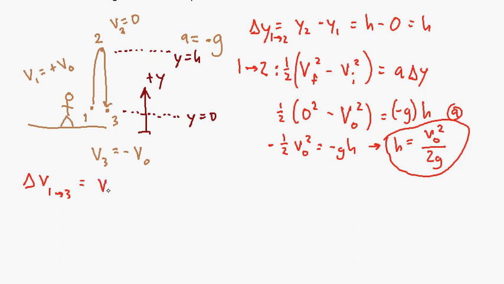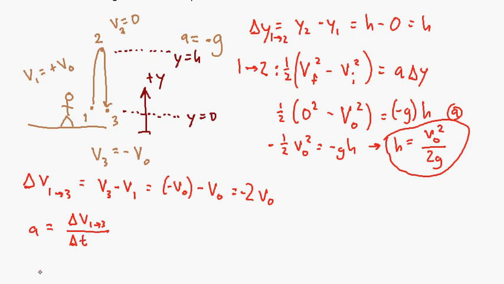This is going to be v3 minus v1, which is negative v naught, that's our velocity at 3, minus positive v naught. So that's going to equal negative 2 v naught. And now that we know that, we can say that the uniform acceleration there is our change in velocity, 1 to 3, over the time that passes.